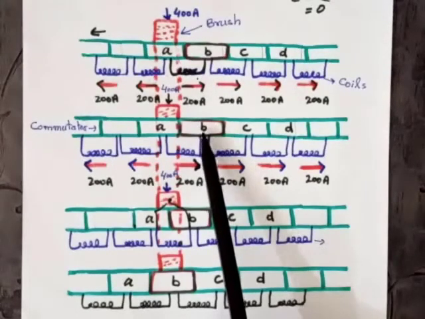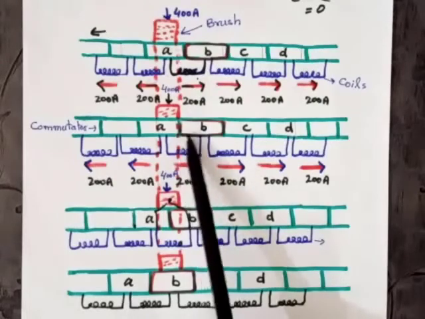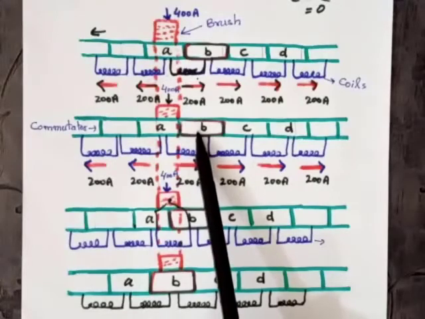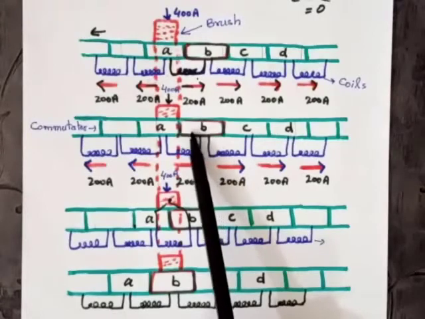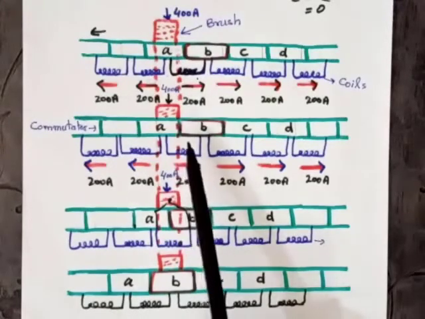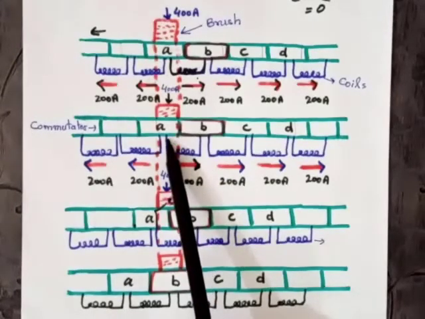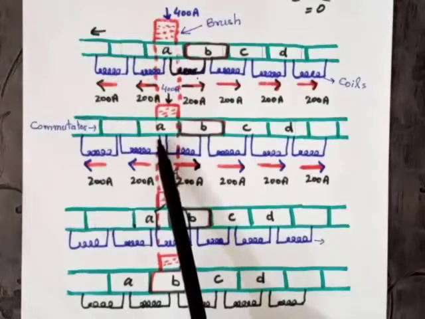Now this particular coil is coming here, as you can see in this figure, and the commutation is going to begin, because once the coil comes to this area, the current has shifted from right to left. At this end it is near to that point.